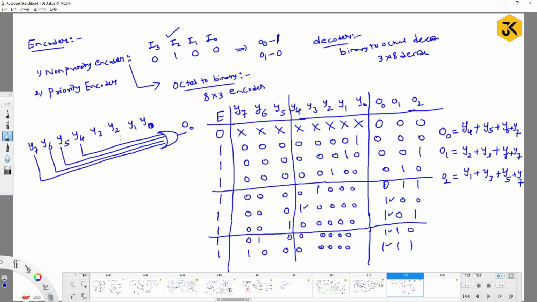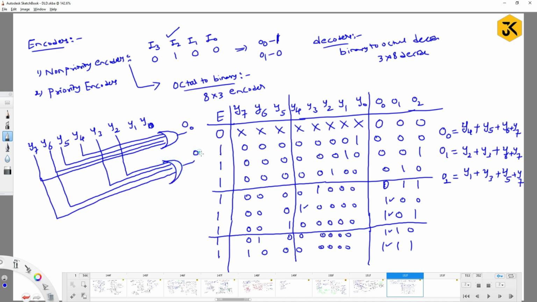Similarly, O1 you get from Y2, Y3, Y6 or Y7.